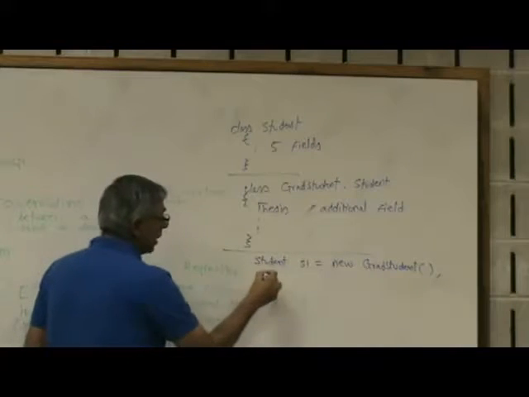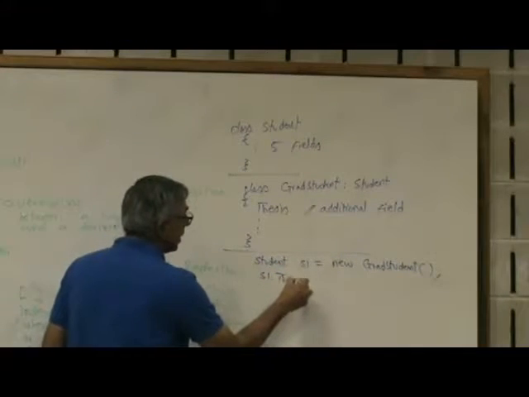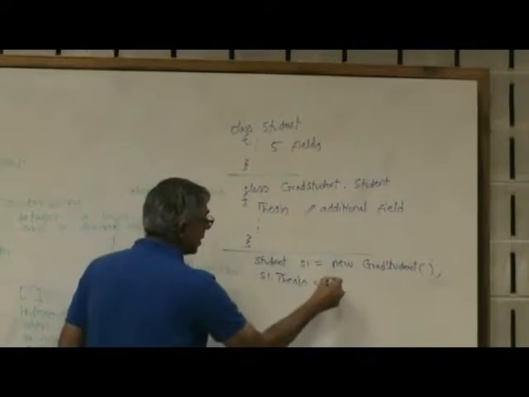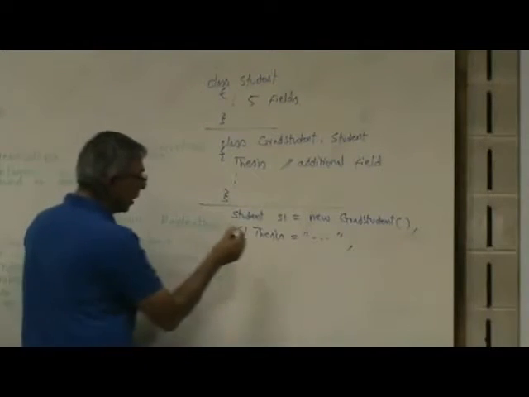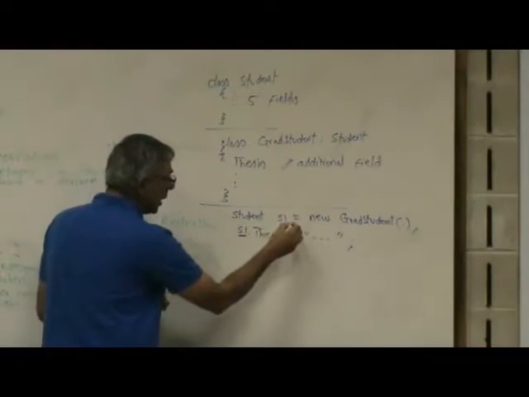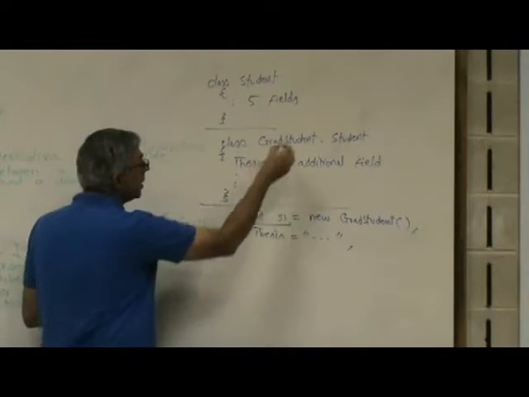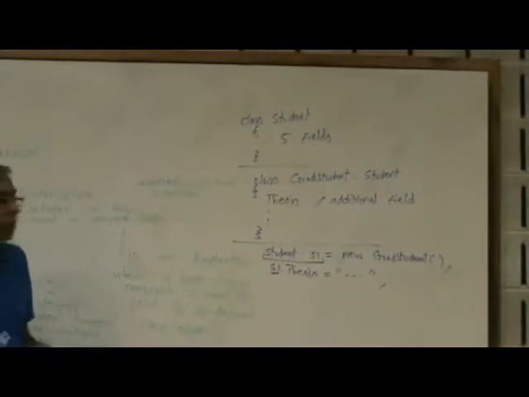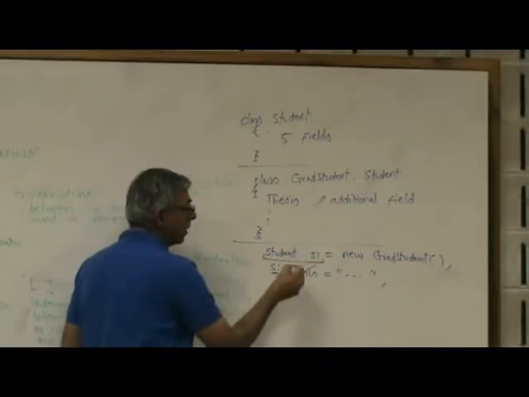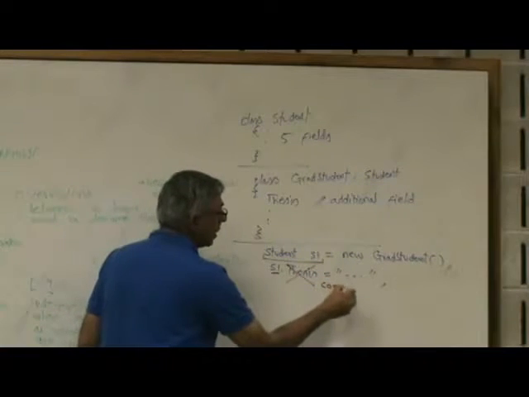Okay, so if through S1 they wanted to set the thesis, as we discussed, this will work or this will generate a compiler error? Compiler error, because the way compiler works is it will check S1, S1 is of type student. It will go to the student and see is there a thesis. If there's no thesis, this will give you a compiler error, right?